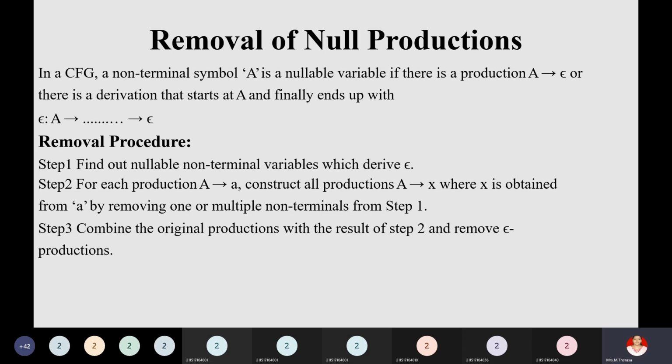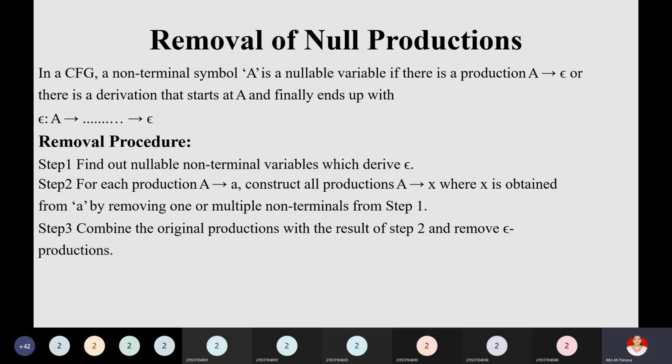And the last step we are going to discuss is removal of null productions. So in a CFG, a non-terminal symbol A is a nullable variable. When can you say a variable is a nullable variable?